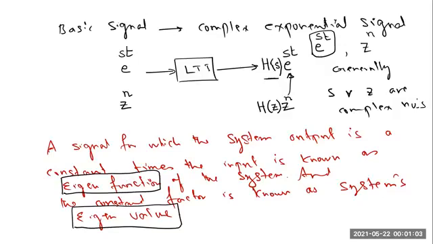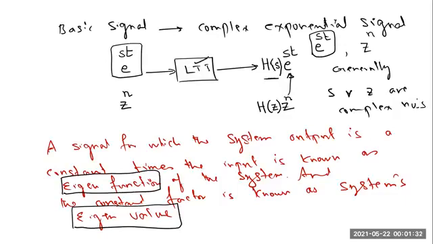So, what is an eigenfunction? Eigenfunction is that function, and if you remember, from our perspective, function and signal are the same thing. So an eigenfunction is that signal which, when you apply it to the system, the output of the system is the same signal multiplied with some constant. With this definition, you can clearly see this function is an eigenfunction of an LTI system.